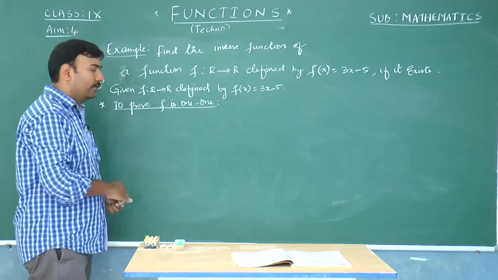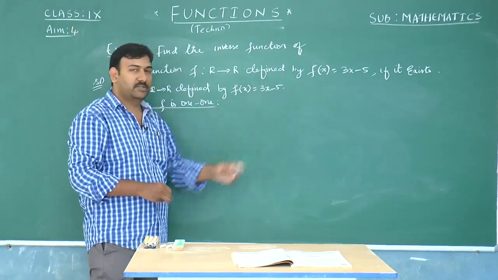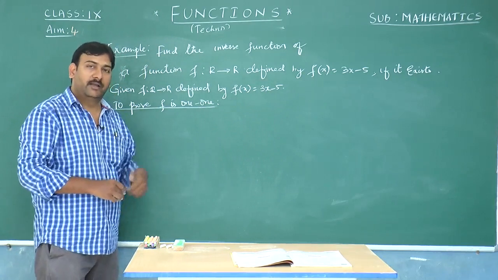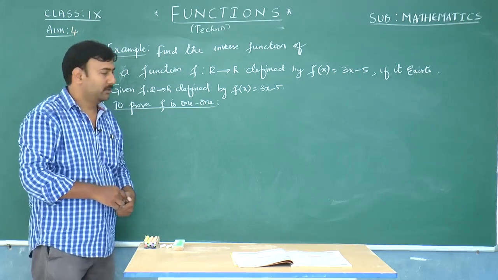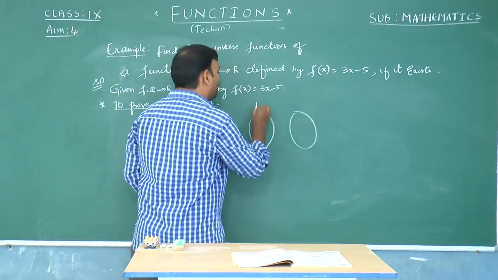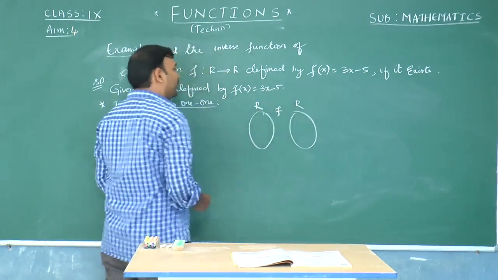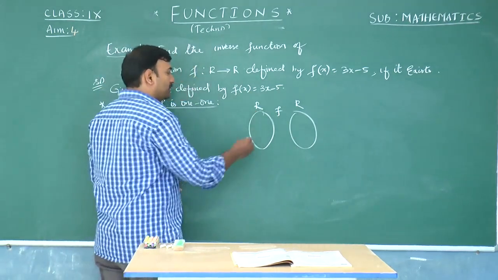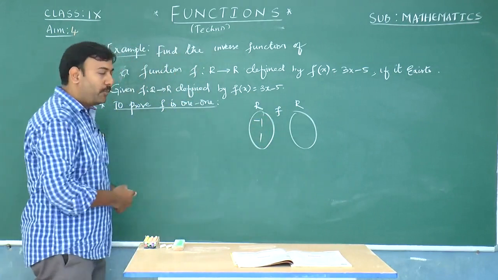As I have already told you as a short tip, whenever the function rule is linear, the function obviously becomes one-to-one, because different elements substituted from the domain give different images. The domain is the real number set, the codomain is also the real number set, and f is given by the rule 3x minus 5. Because it contains real numbers, let me check a negative and a positive number with the same numerical value and opposite signs.